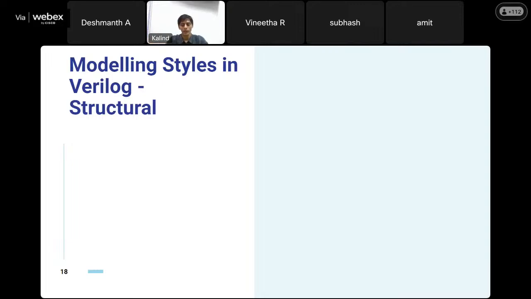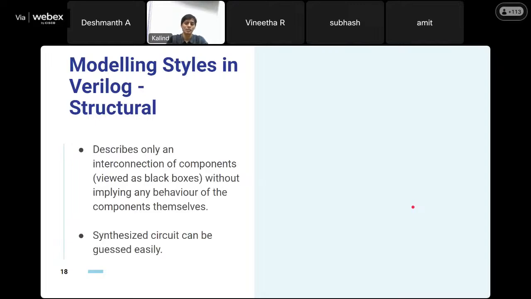So yeah, in Verilog, basically you can design your circuit in different modeling styles. One of them is called the structural modeling style. And again, to be clear, this modeling style is not limited to just Verilog. You can also do it using VHDL as well. So what is this structural modeling style? This modeling style describes the connection of the components.